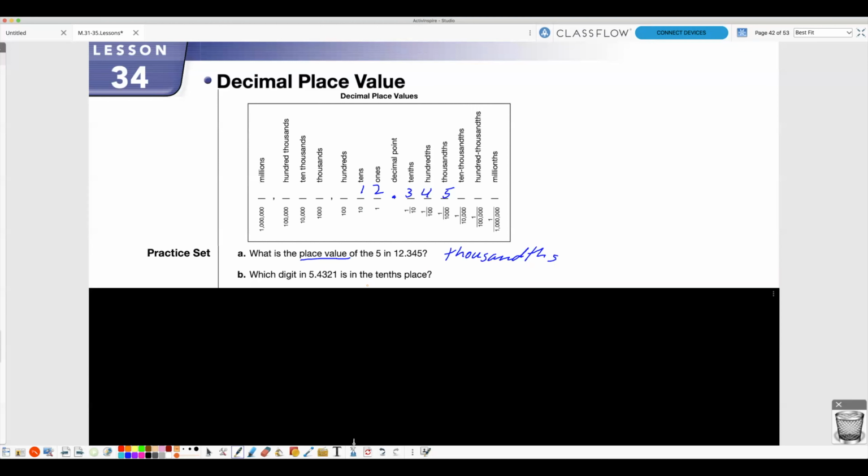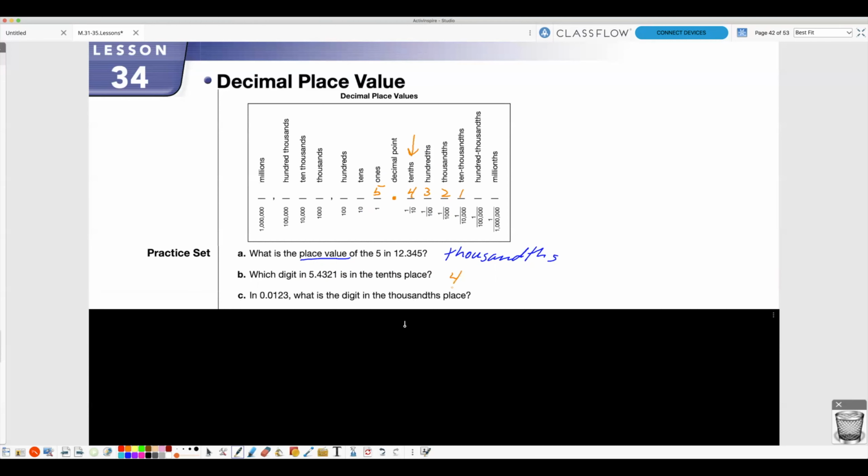Let me just erase this for you guys. Let's clear that. And let's plug these in. We've got the 5, the decimal, 4,321, and it's asking what digit is in the tenths place. So here's the tenths place. The digit 4 is in the tenths place.